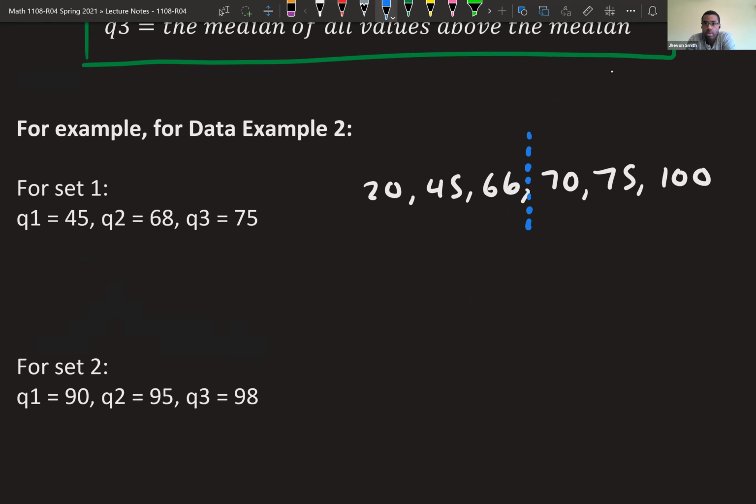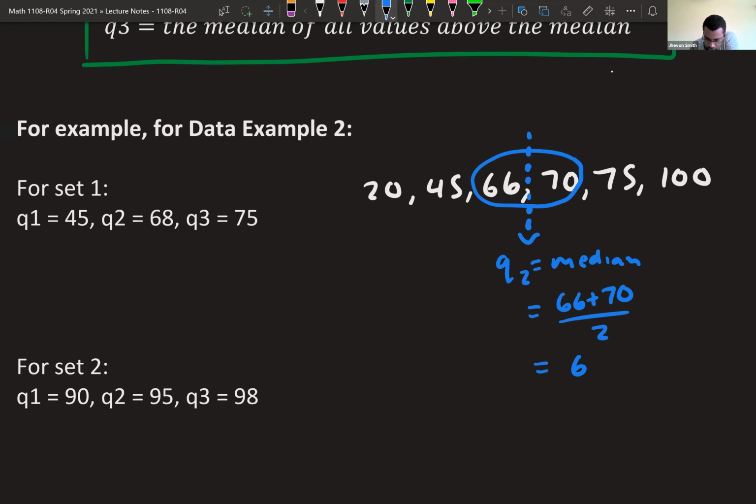There's 3 on either side, which means the median is going to be the average of these two, the mean average. So Q2 equals the median. This is equal to 66 plus 70 all over 2. It's going to be 68.